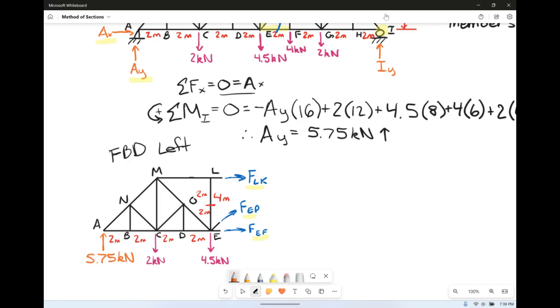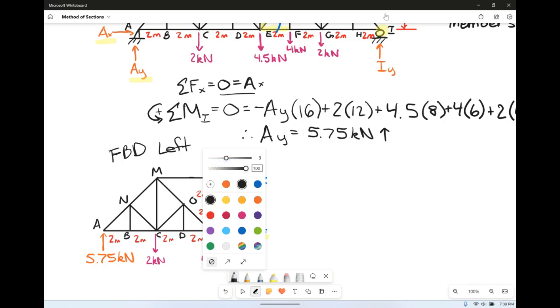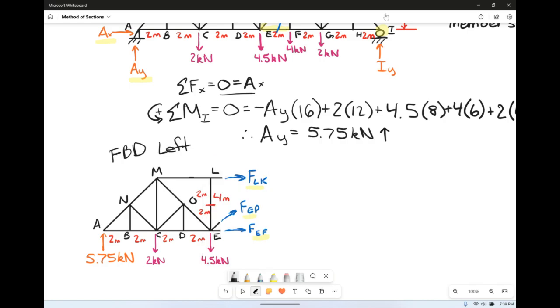Now method of sections doesn't just have to do sum of the moments, but sum of the moments is ideal when you want to isolate one force. So if I want to find the force LK, I want to find a point to take a moment about that's going to get rid of the forces EP and EF.